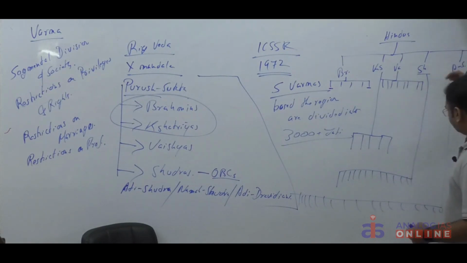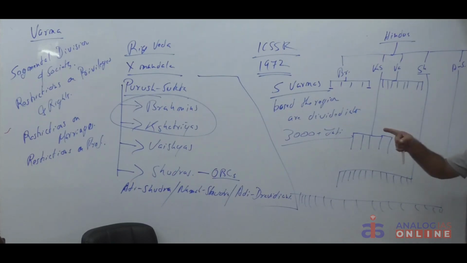Say, among the Ati Shudras, someone is a blacksmith. A son of a blacksmith can only be a blacksmith. Say the son of a blacksmith loves pottery. No, he cannot take that as a profession. Right? Son of a cobbler would always be a cobbler. That restriction I'm looking at.